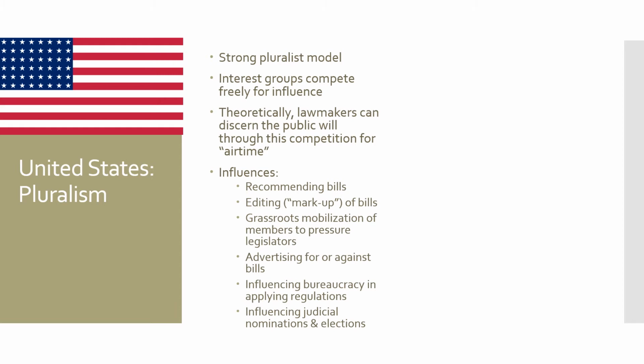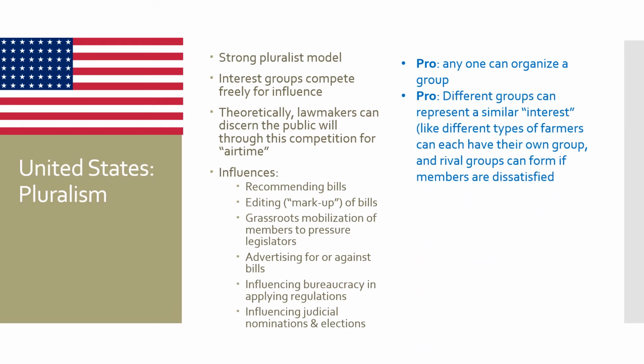So there are a lot of pros and cons to this model and the other model. The pro for pluralism really is a liberty argument. Everybody in the country has the freedom to organize a group. There can be different groups that represent a similar interest. If we look at the environmental interest groups in the United States, there are many different ones.